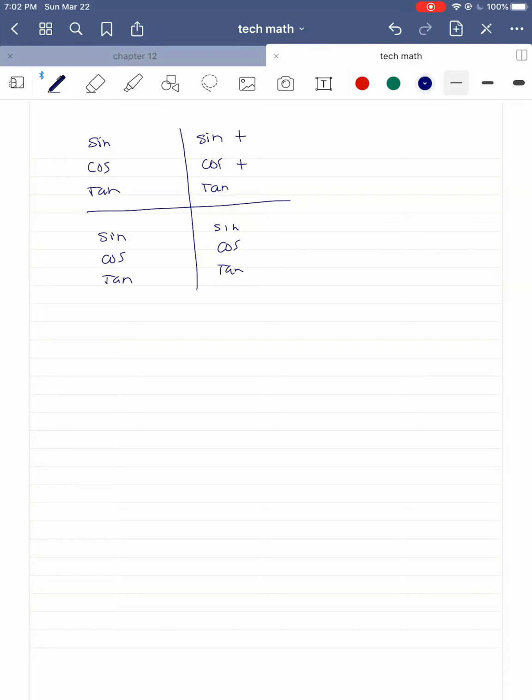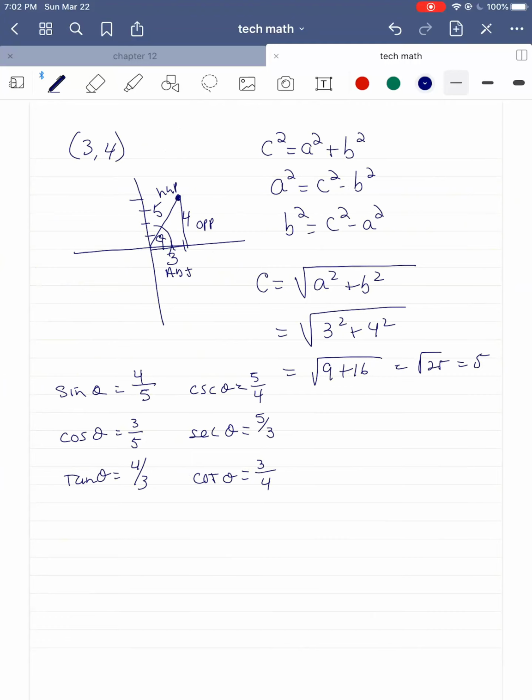So in quadrant 1, the one we just did, all three of them, sine, cosine, and tangent, were positive values. Let's try one that's in a different quadrant. Quadrant 2 will have a negative x and a positive y. Let's give that one a try. Actually, let's just use the same numbers, only make them negative. That way we can just run through it quick.